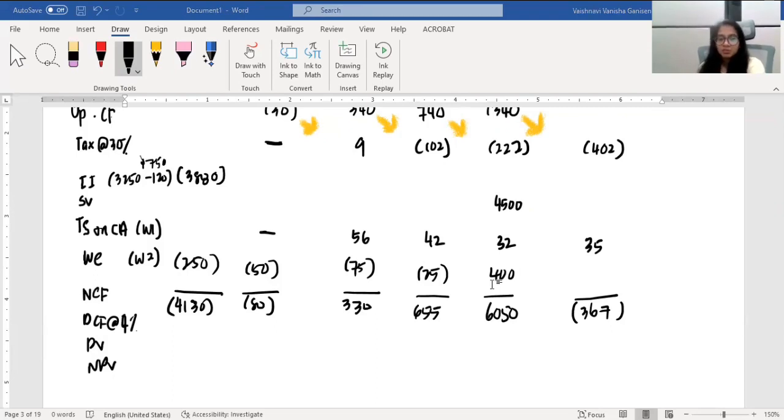Okay, so we shall proceed to calculate our present value. Okay, zero. Please fill in this. This is 7%.